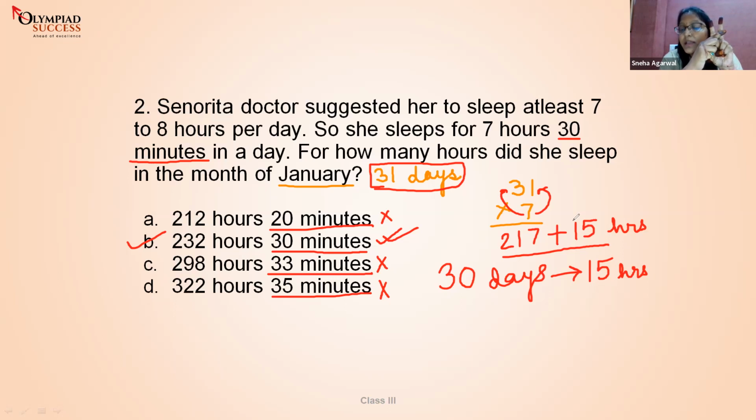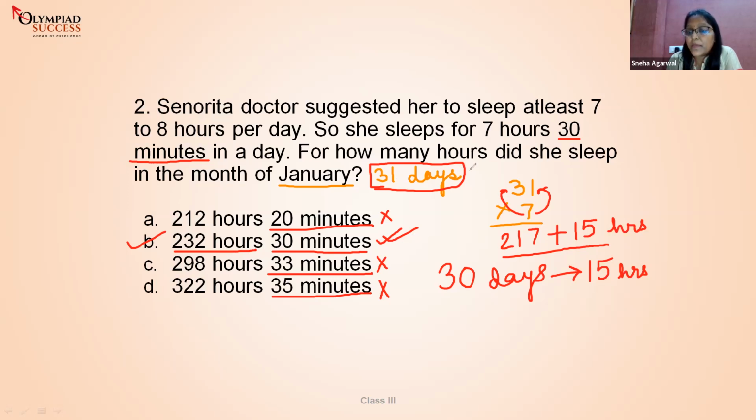Similarly, if you combine 30 days, you will get 15 hours, right? But again, you are left with one more day, because in January we have 31 days. So you will be left with 30 more minutes. So whatever answer you get, you will again have 30 minutes extra. 232 hours you got, and 30 minutes for the one extra day in the month of January, the odd day.